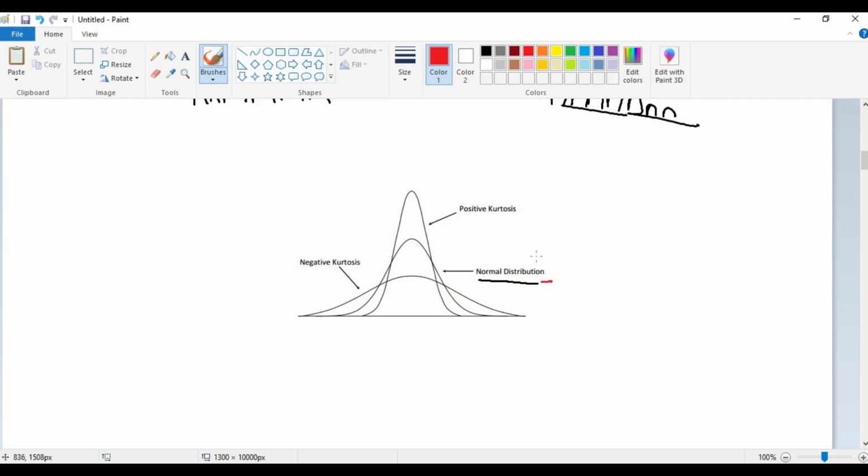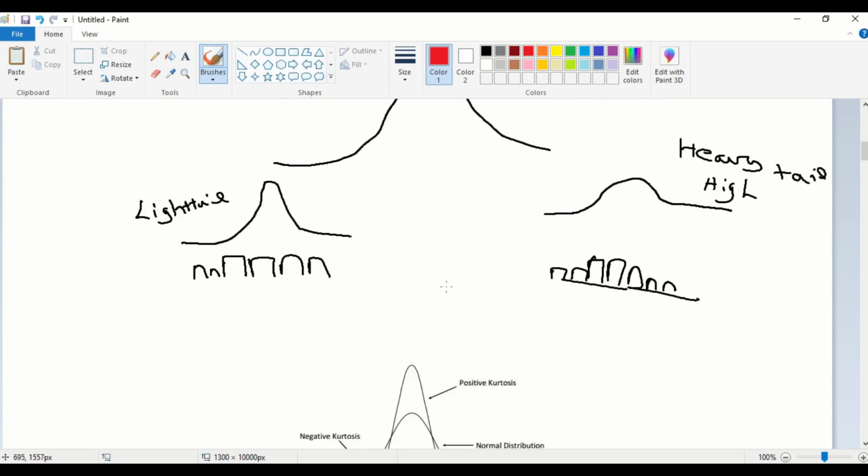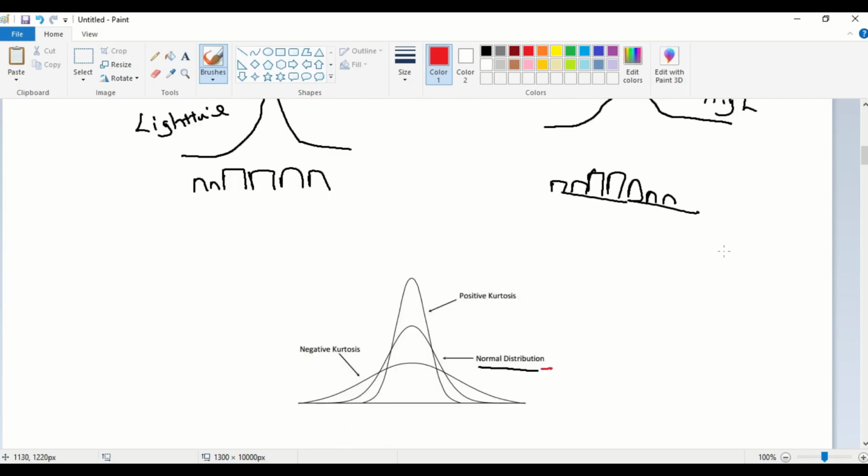Positive kurtosis means which is raised suddenly and decreased exponentially. This we tell as positive kurtosis. Negative kurtosis, slowly it will rise and slowly it will decrease.